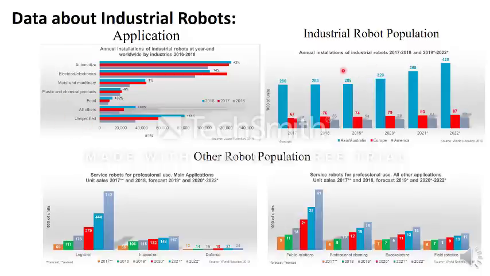Coming to the next statistics data, industrial robot populations in Asia, Australia, Europe and America. You can see that all put together in Asia, the units were 280,000 in 2017, and similarly in 2018, 2019, and by 2022 it will increase because of Industry 4.0.